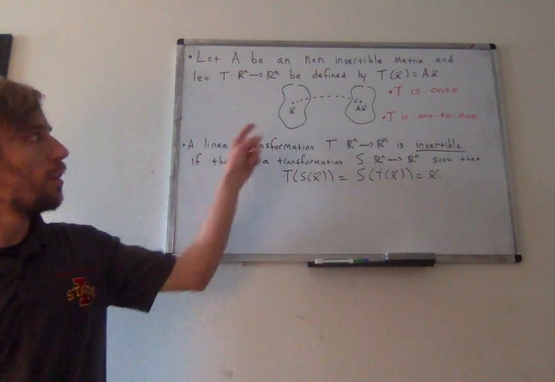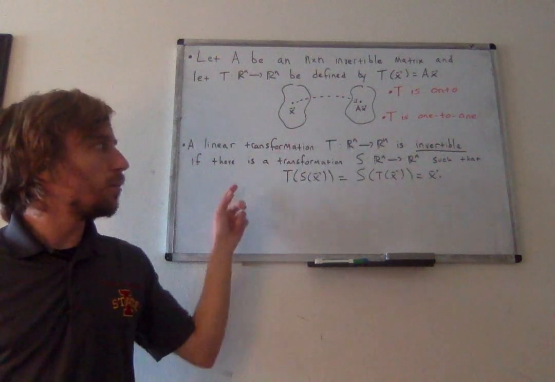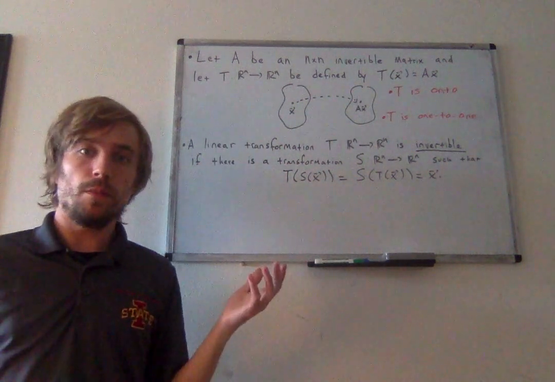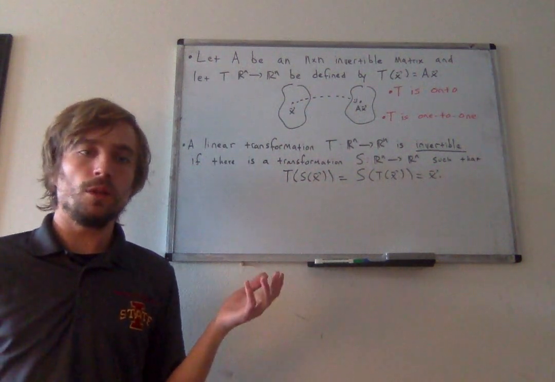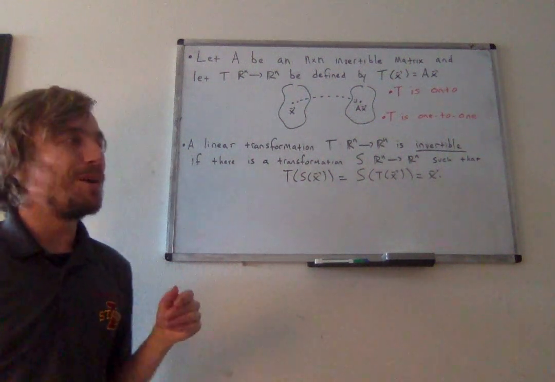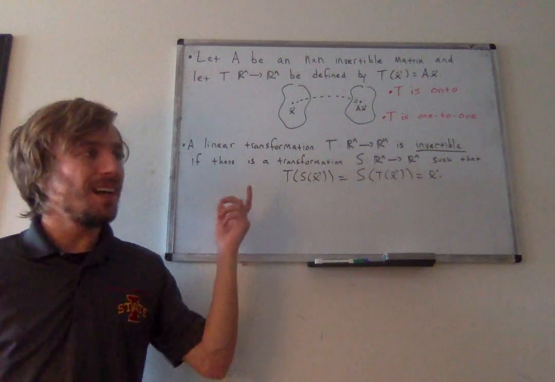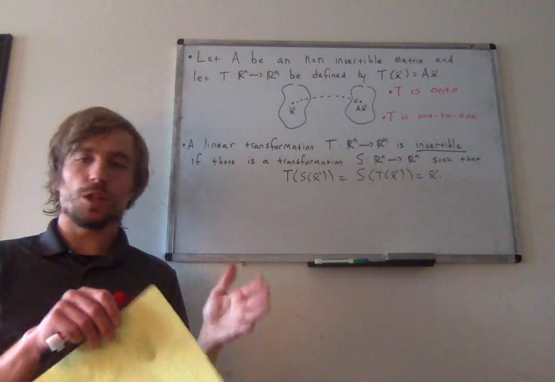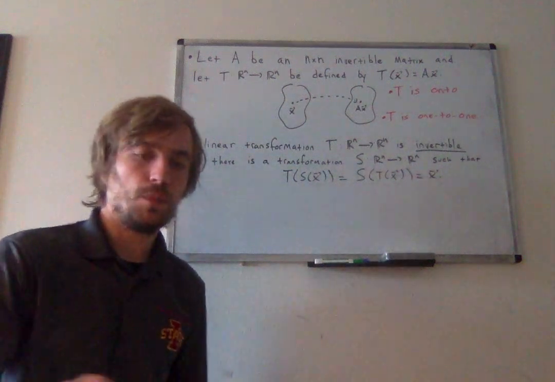So we know those two things. So now let's define what it means to be invertible. I'll show you that this linear transformation T is invertible. It's not going to be a big surprise as to what the inverse is going to be. But it ends up corresponding very nicely with matrices being invertible.